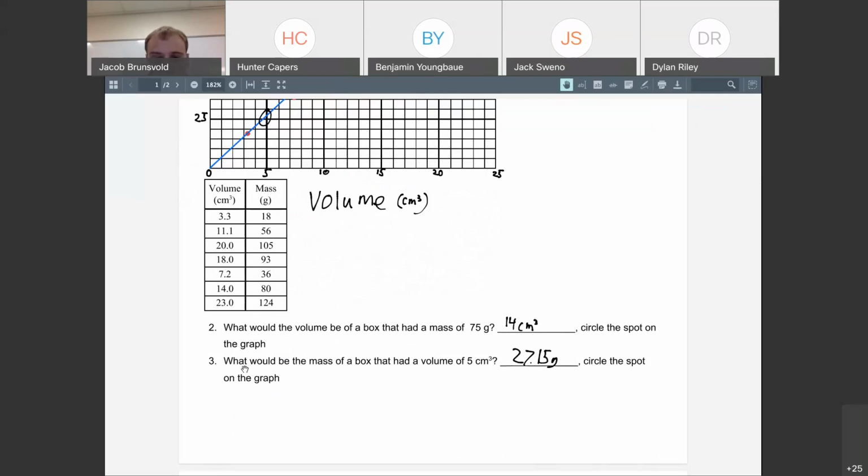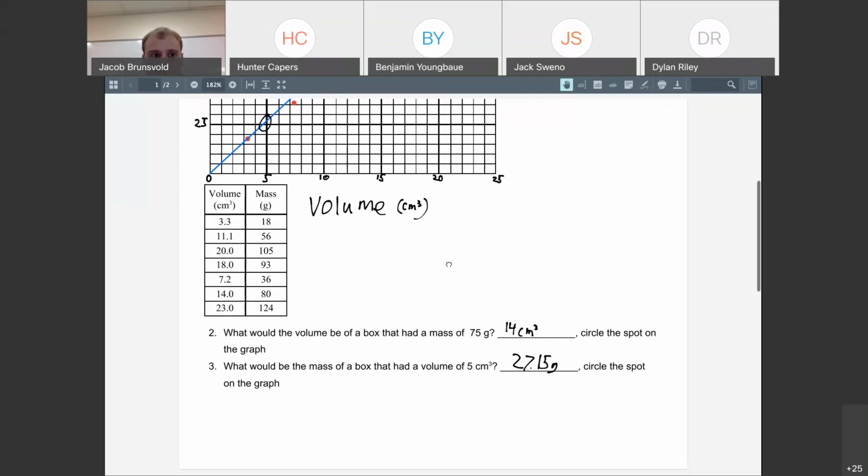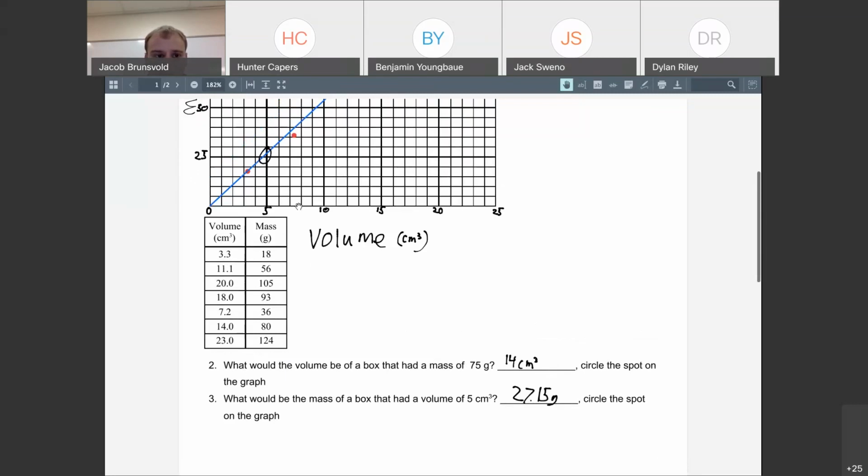Okay, what would the mass of the box be that had a volume of 5 centimeters cubed? So it looks like you did the same thing, Zoe. You circled where on the graph you got that answer from, which I like. So you went from 5, because it was a volume of 5, up to here.